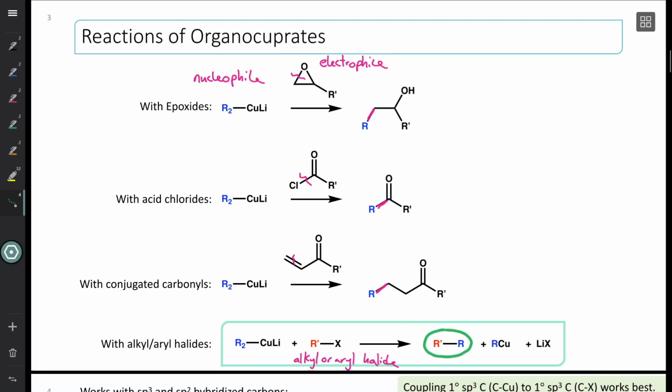And this will give you some new compounds that you can make. You can totally bypass oxygen and carbonyl chemistry and just make that straight carbon-carbon linker. And that's why these reactions are so important. This is just a really powerful tool.